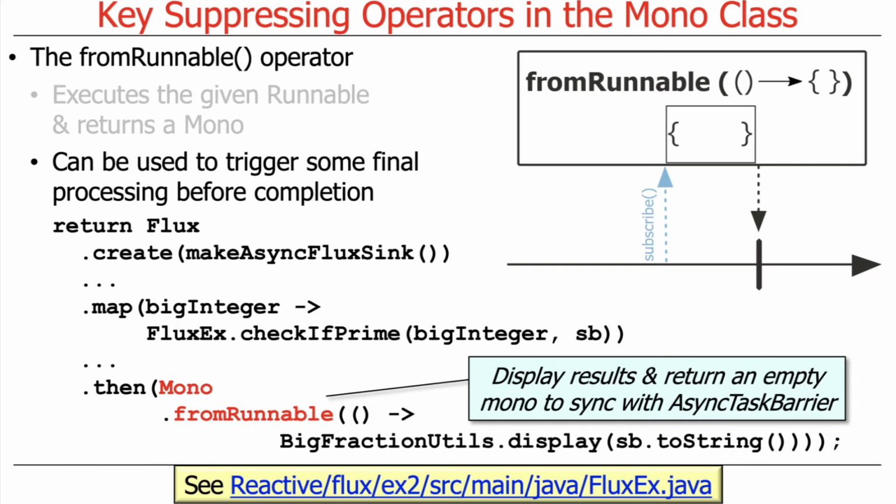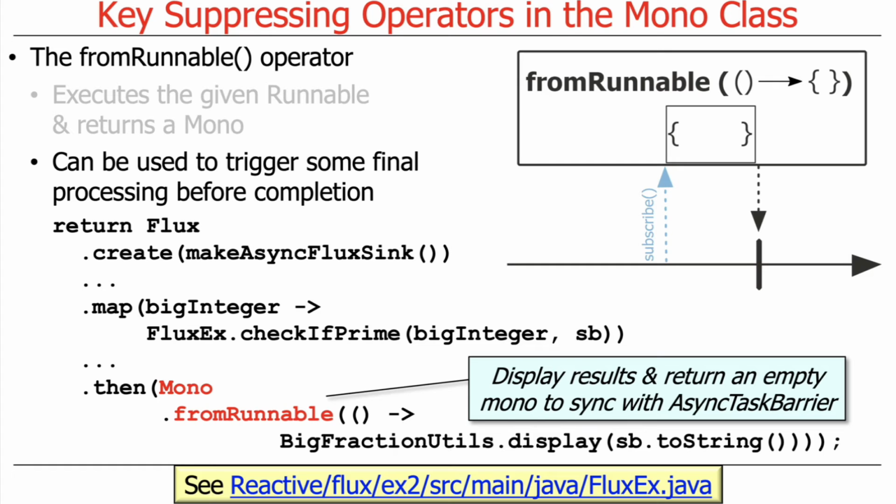This example is something we'll look at later when we get more into the Fluxes. We're going to make a stream of big integers using this create factory method. We'll talk about that later. This just makes a stream of random big integers. Then we're going to check to see if each of the big integers is prime or not, using a prime number checker.